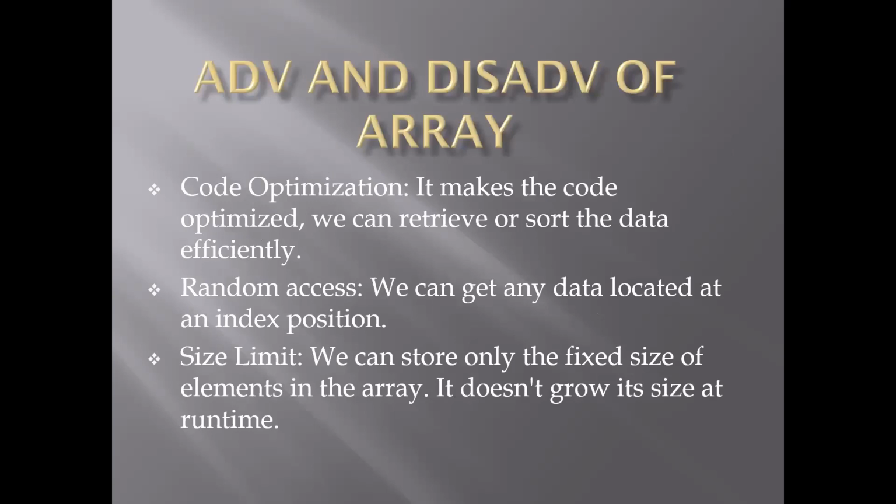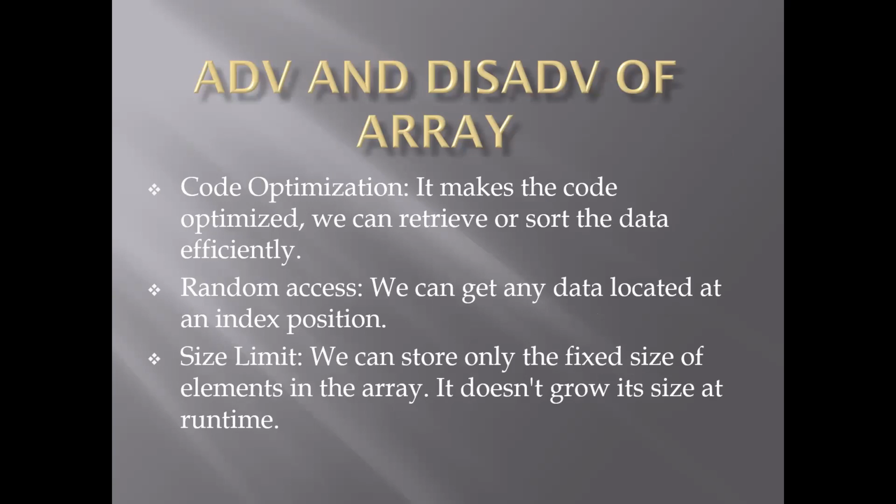Let's know more about the advantages and disadvantages of arrays. Regarding code optimization, it makes the code optimized. We can retrieve or sort the data efficiently. It's very easy for us to access the data inside the array.